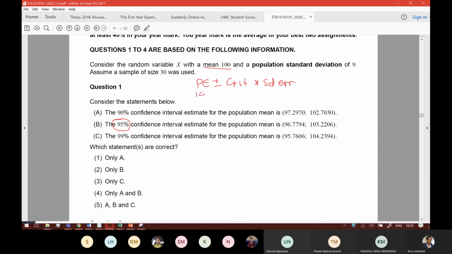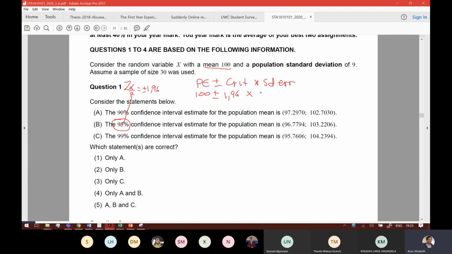So it will be 100 plus or minus our critical value. We did find the critical value. Remember, we went to the table. Our Z alpha divided by 2 was plus or minus 1.96. So I don't have to repeat the plus or minus because it's already there. So this will be 1.96.